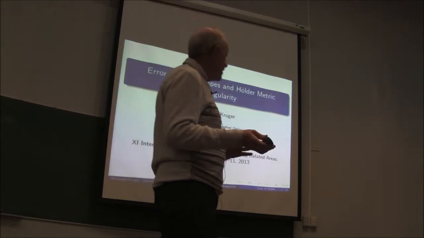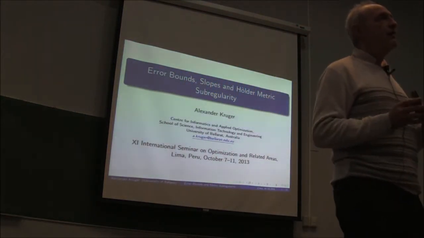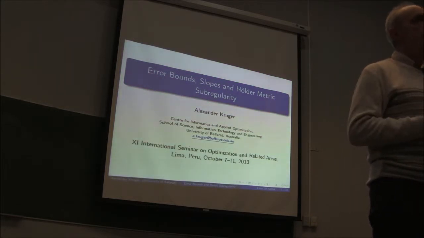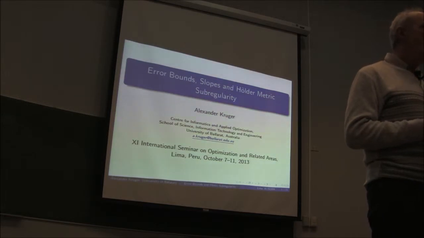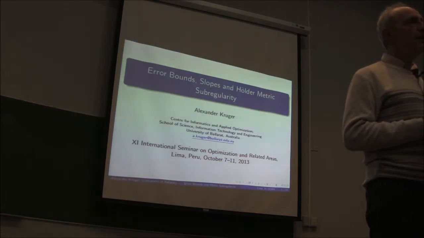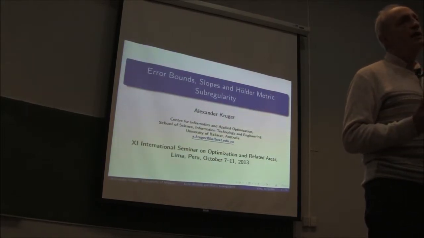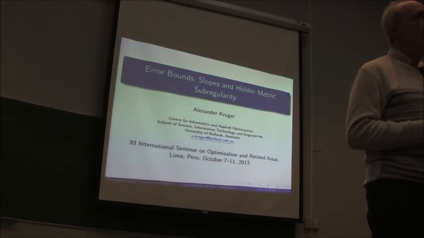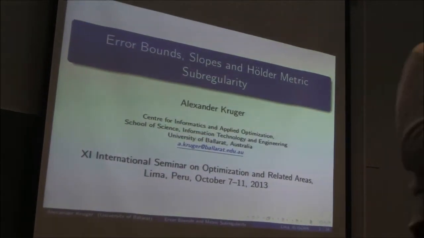Error bounds, metric subregularity, these are theoretical things which are very widely used in variational analysis, but they also have important practical applications, and actually error bounds were introduced many years ago for characterizing convergence rates of numerical algorithms. So these things are related to applications as well.